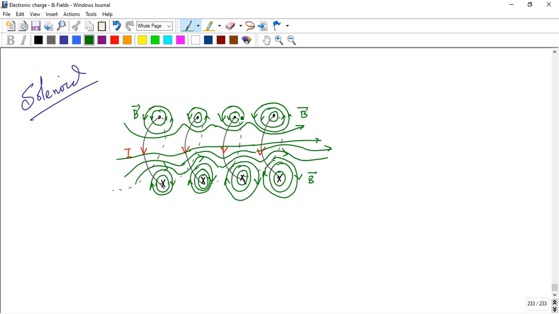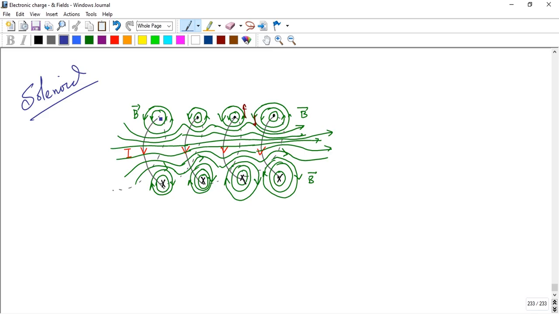At this point, both magnetic fields are in opposite directions. Here the magnetic field is in that direction, here in that direction. So at this point there is no magnetic field. That's why this green color line passes, and there is a straight line here.